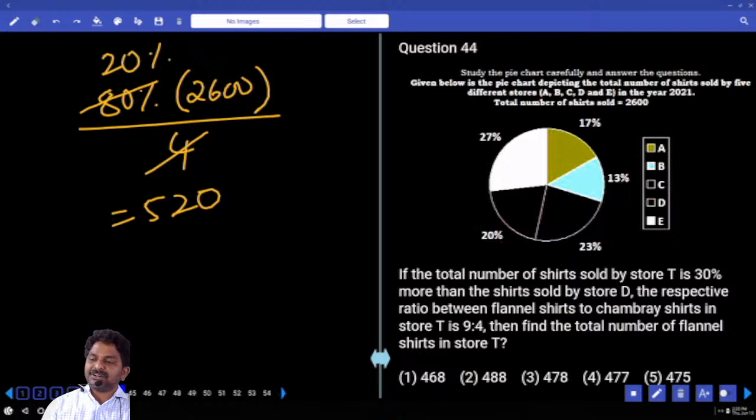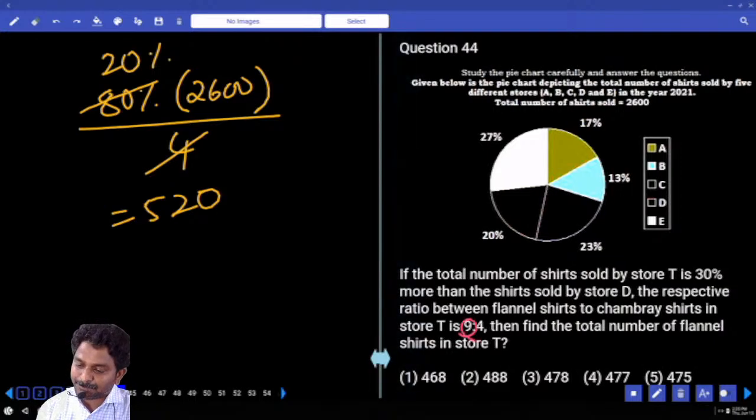If the total number of shirts sold by store T is 30% more than the shirts sold by store D, the ratio between flannel shirts to the chambray shirts in store T is 9:4. Find the total number of flannel shirts in store T. How many parts is that?